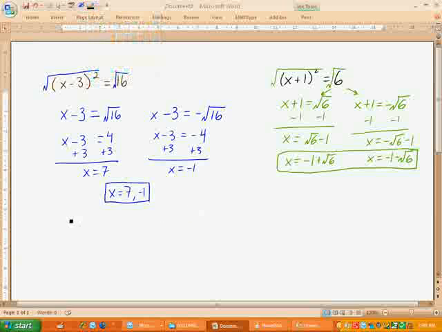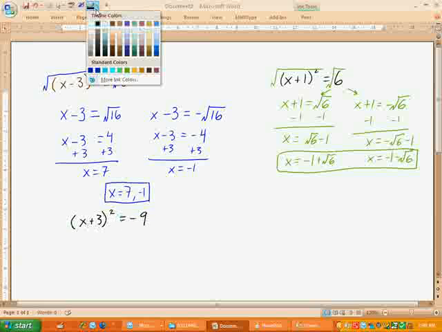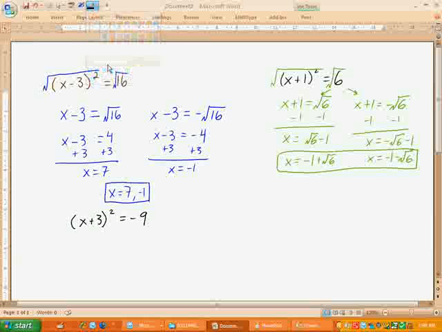Actually, I think I'm going to do two, because there's one thing that I forgot. So (x + 3)² = −9. This one will be a quick one. We've got to take the square root of both sides, because the squared term is all by itself. Now what's the problem here? I take the square root of this side, I get x + 3.